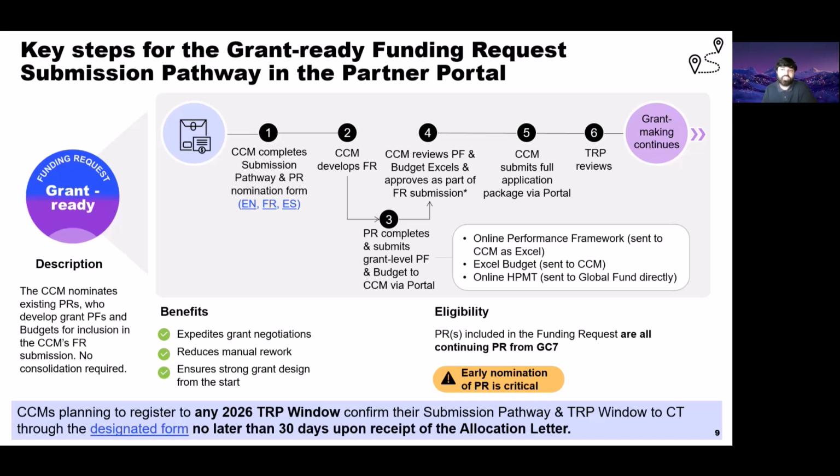and the budget. This is because as part of step 3, the country team in parallel will share the grant level PF and the budget directly with the PR.